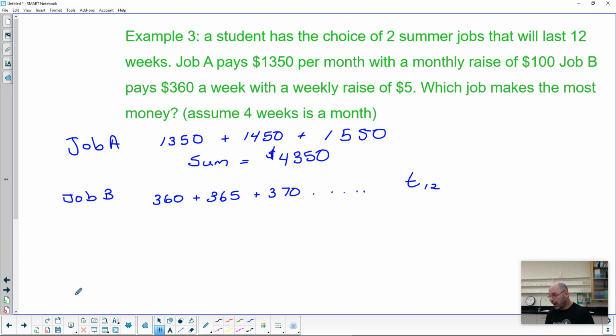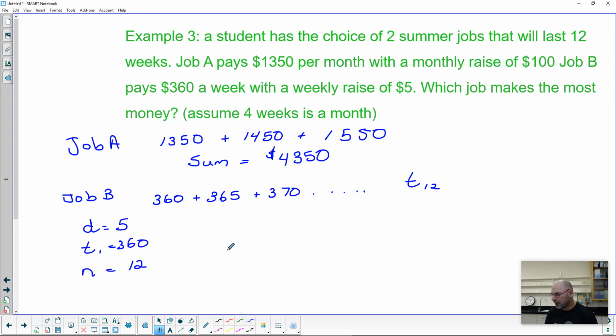Well, I am going to do this one in terms of calculating the sum using a formula because I don't want to write that whole thing out. I know that the D is $5, that first term is $360, and that we have our number of terms being 12 weeks.